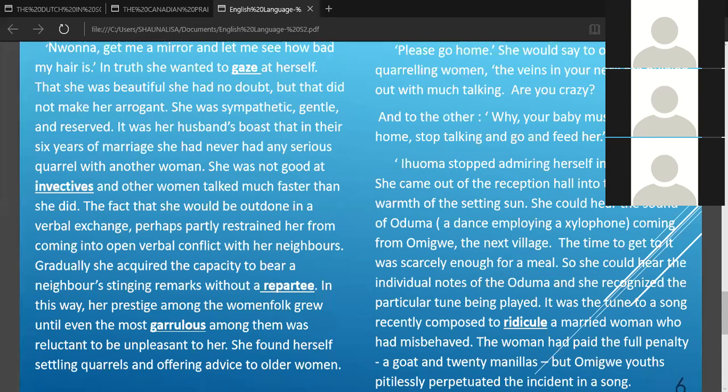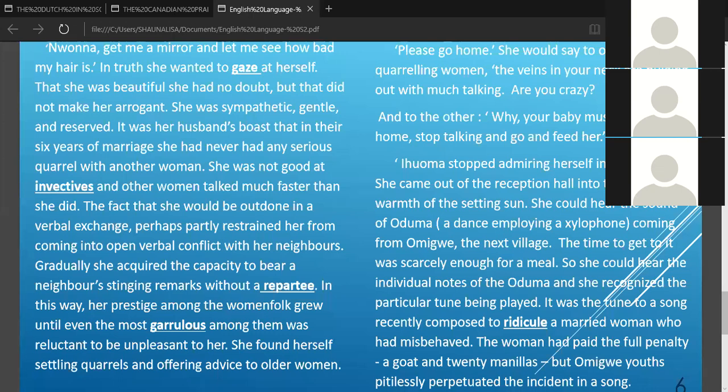Nuona, get me a mirror and let me see how bad my hair is. In truth, she wanted to gaze at herself. That she was beautiful, she had no doubt. But that did not make her arrogant. She was sympathetic, gentle, and reserved. It was her husband's boast that in their 6 years of marriage, she had never had any serious quarrel with another woman. She was not good at invectives, and other women talked much faster than she did.